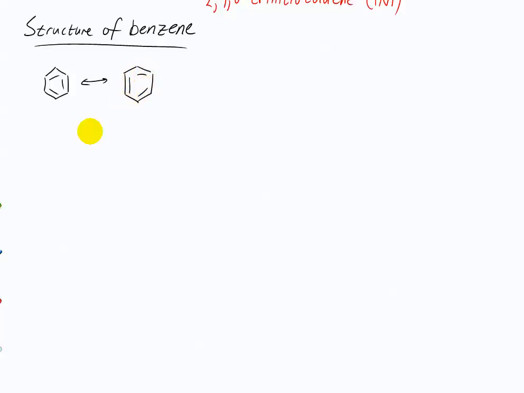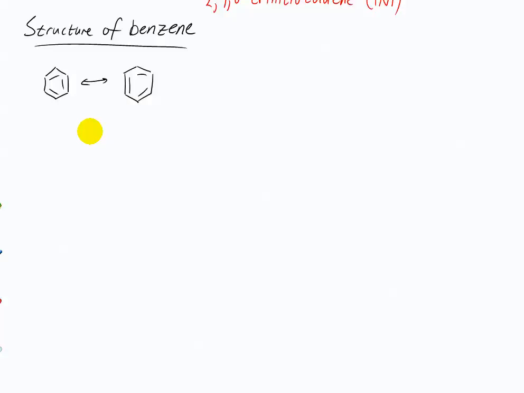Aren't all those bonds supposed to be the same? That's why some people just draw a circle in them. That's right. Careful, they're not moving, but they're actually an average of these two. So when you look at the structure of benzene, if either of those were the correct structure, then you should see 3 short bonds for the double bonds and 3 long bonds for the single bonds.